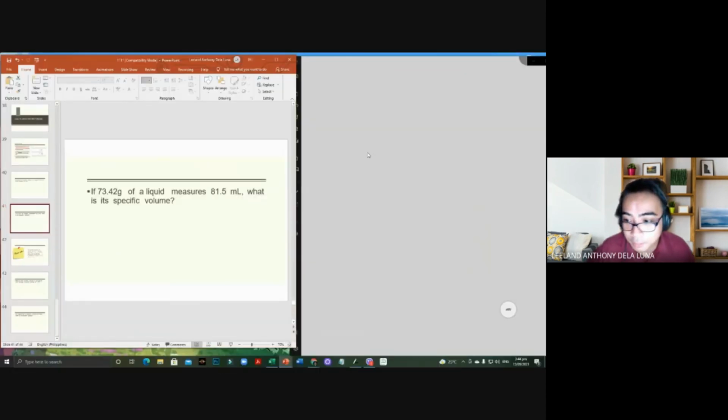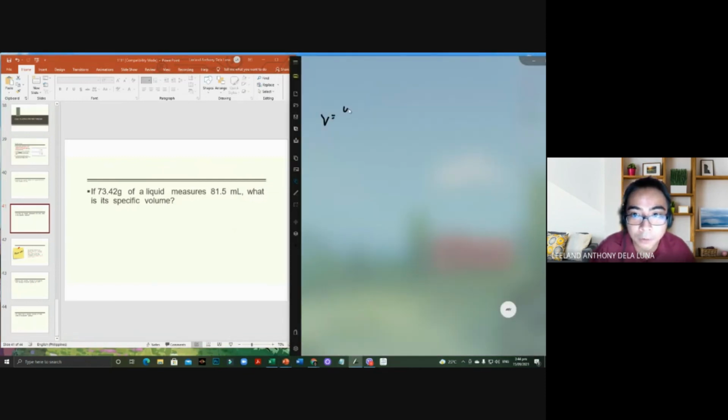So what about this one? Again, we have here 73.42 grams of a liquid that measures 81.5 ml. What's the specific volume? So again, class, that's just simply volume over mass.